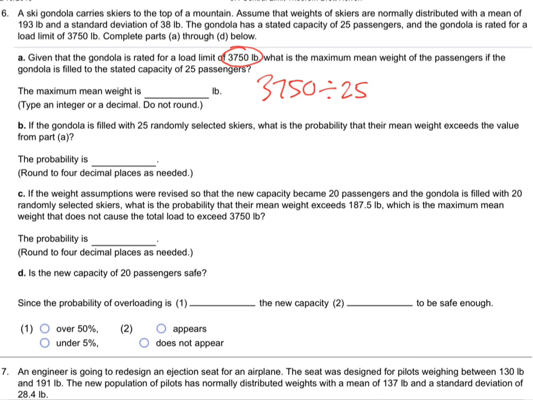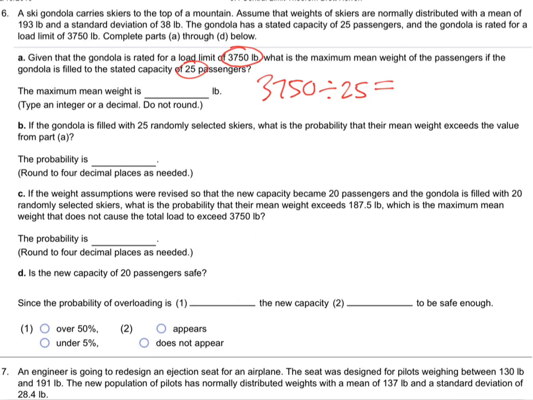They're just saying you've got a 3,750 pound load limit and 25 people. What does their average weight have to be? If the total weight on the gondola is 3,750 pounds for safety, and you have 25 people, what does each of their weights have to be? What's their average weight? Just divide. 3,750 divided by 25.